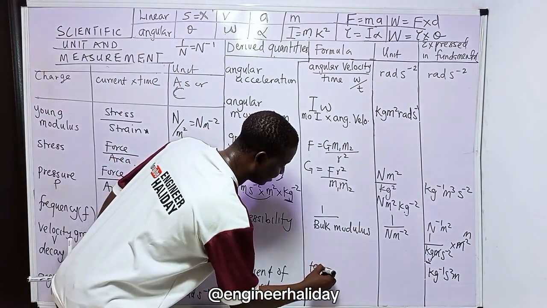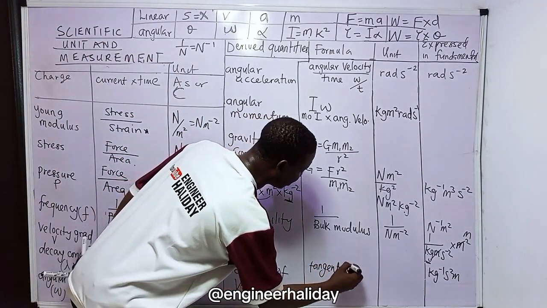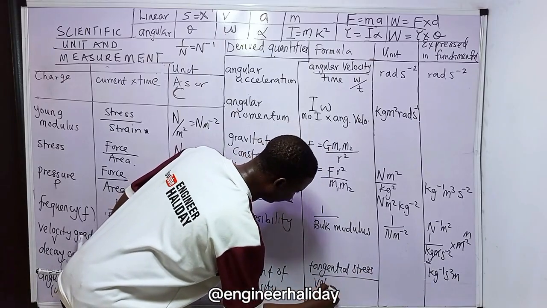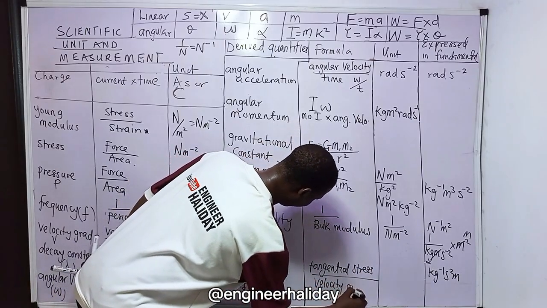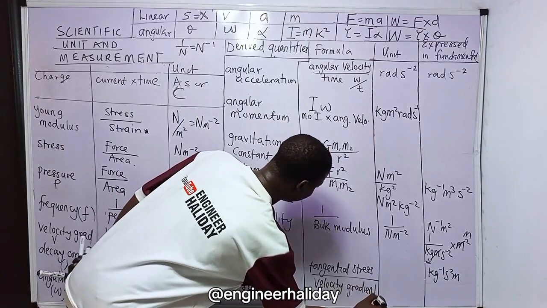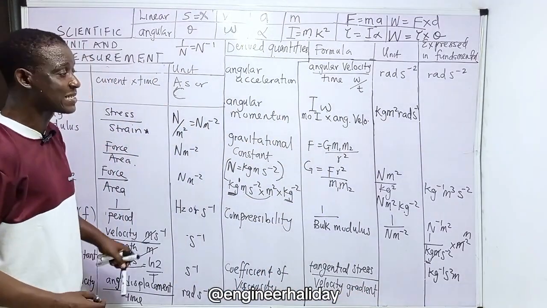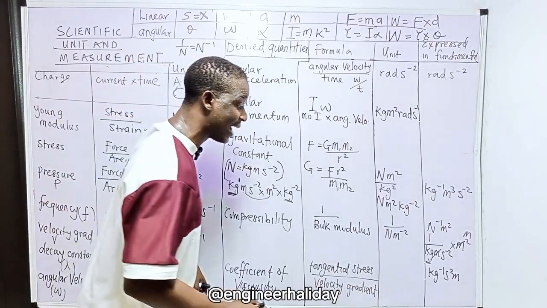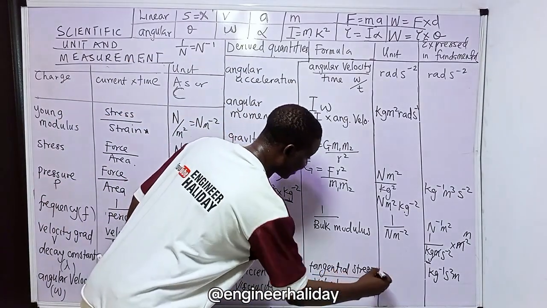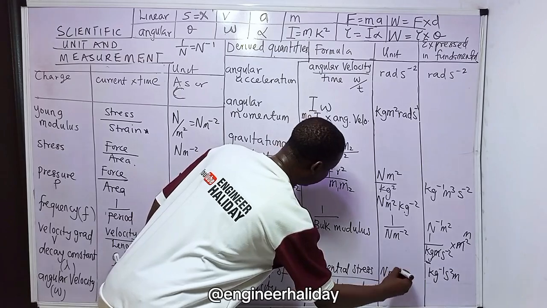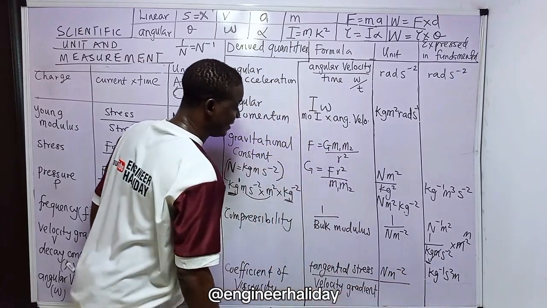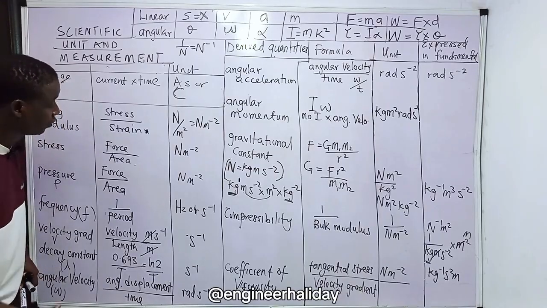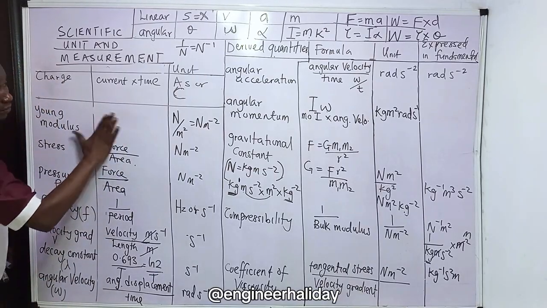But coefficient of viscosity is defined as tangential stress over the velocity gradient. That means that the stress is Newton per meter square. What about the gradient?